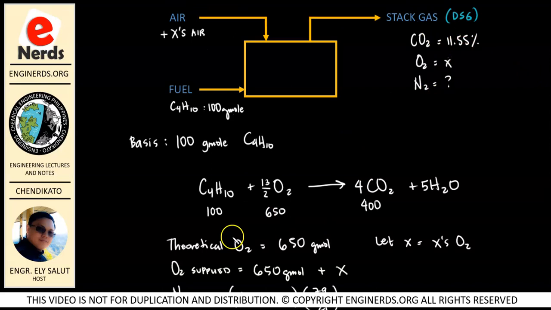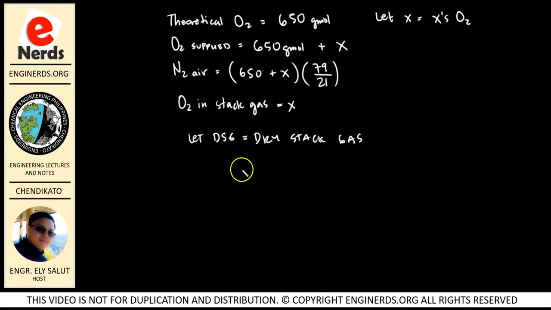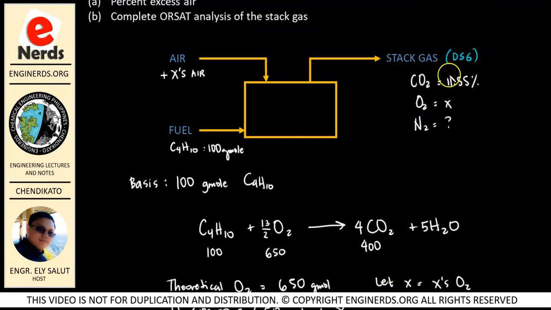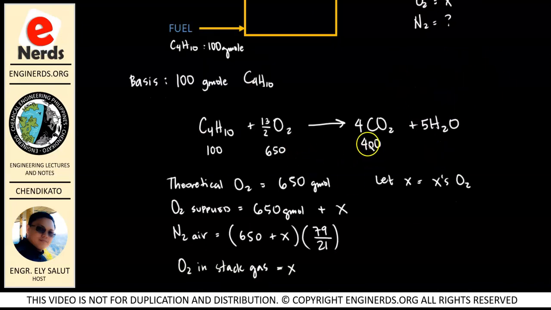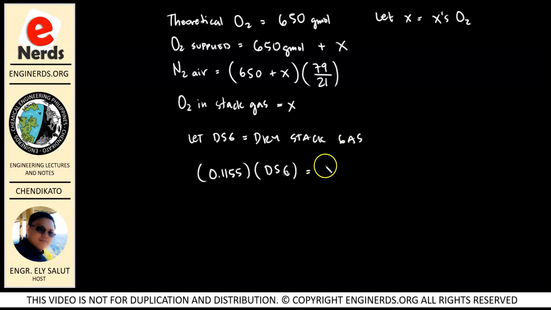Alright. Now, we know from here that 11.55% of the dry stack gas is the CO2. So we have 11.55, which is 0.1155 of the dry stack gas is equal to the number of gram mole of CO2 in our stack gas, which is 400. So therefore, our dry stack gas is equal to 400 divided by 0.1155.